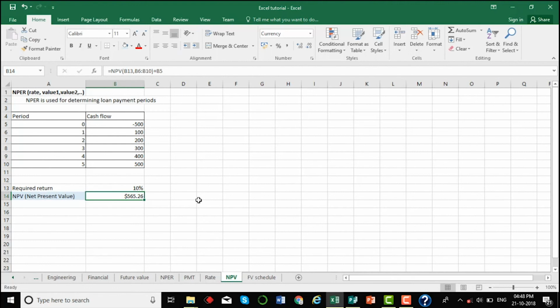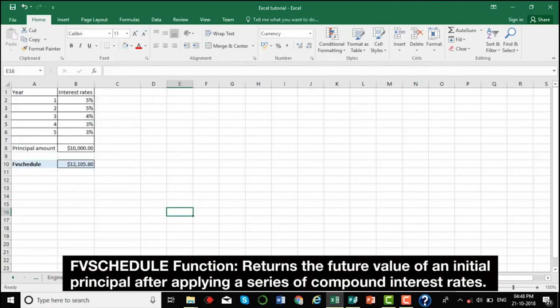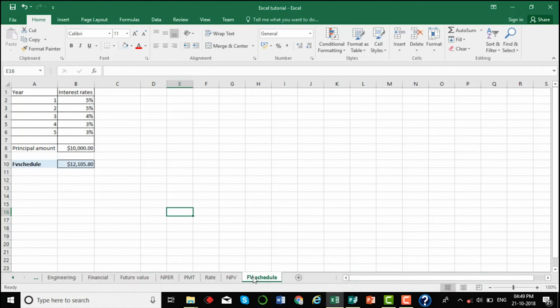And let's move on to the last function, which is FVSCHEDULE. FVSCHEDULE stands for Future Value Schedule. This function calculates the future value schedule, the future value of an investment with a variable interest rate. This is my principal amount, which is $10,000, and these are the interest rates for 5 years.